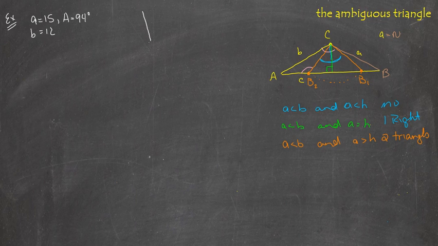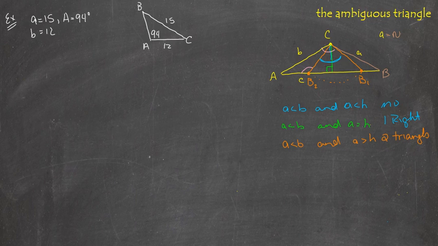So angle A is 94 degrees, slightly larger than a right angle. And so side length A is 15. Side length B is 12. So that makes this angle B and this angle C.